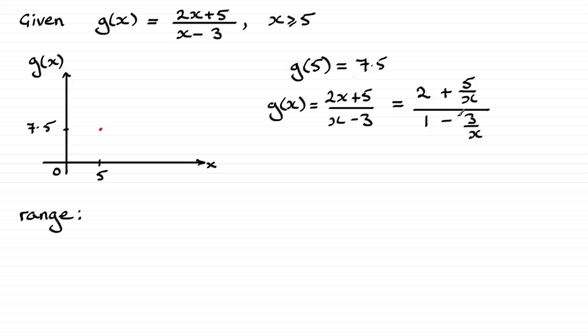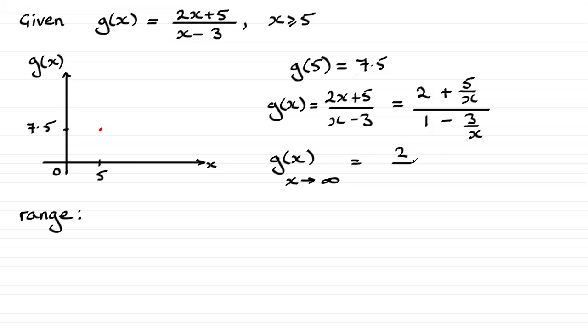Changing it into this style makes it a lot easier to see what happens as we let x get larger. So I'm just going to write this in here as g(x) for x tending to plus infinity. What we're going to get here is this term, 5 over a very large positive value, that's going to tend to 0. So in the numerator, we're going to have 2.